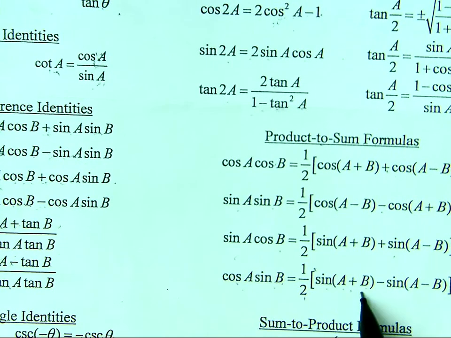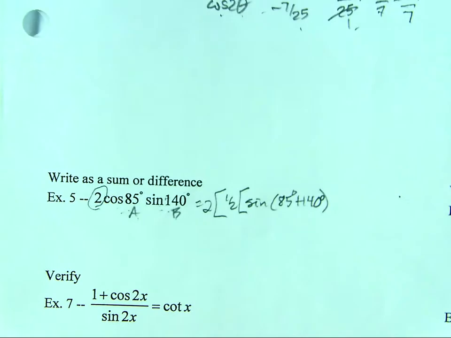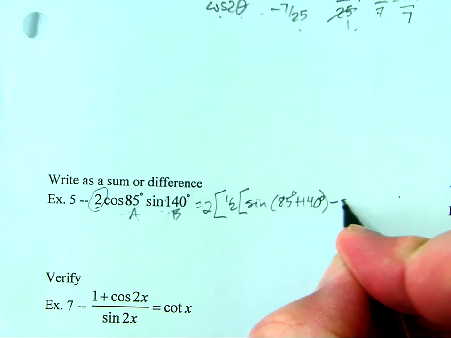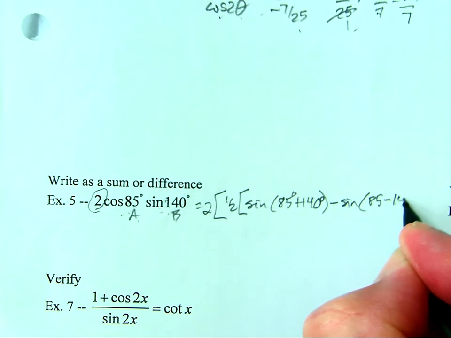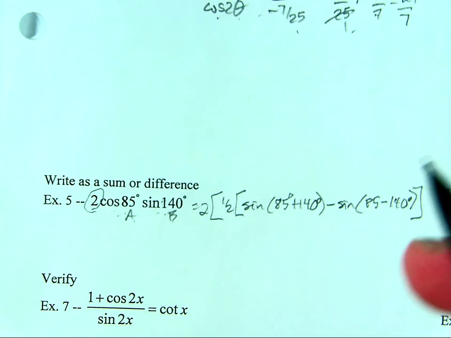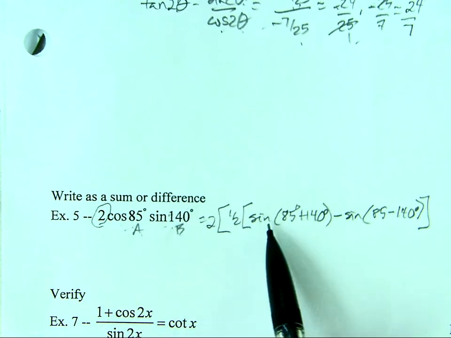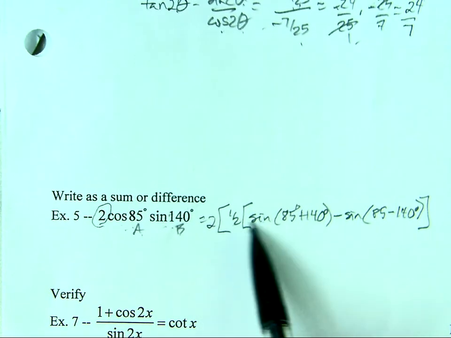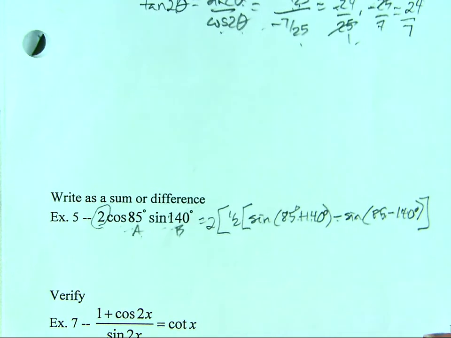Then it says minus the sine of A minus B. So all we did was look at this and look up the identity. So it's 1/2 times the sine of A plus B minus the sine of A minus B.